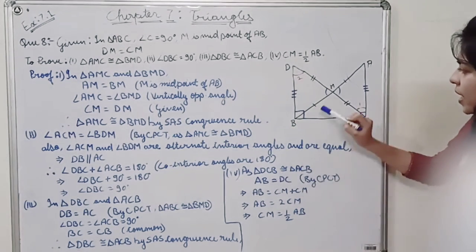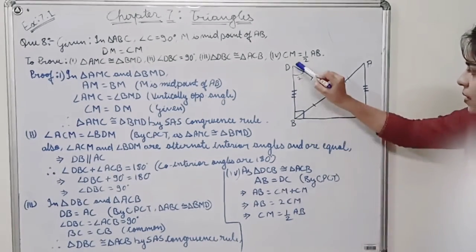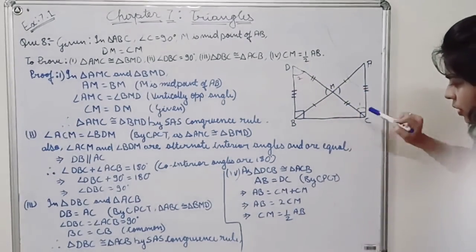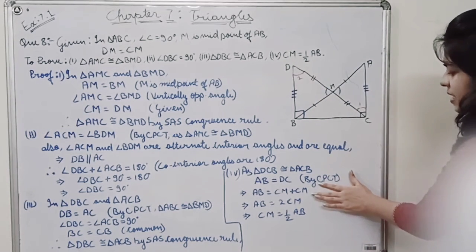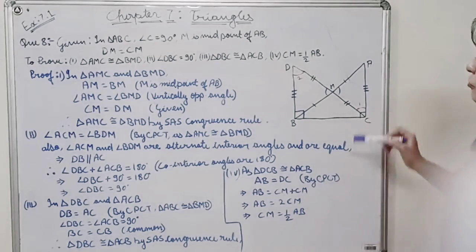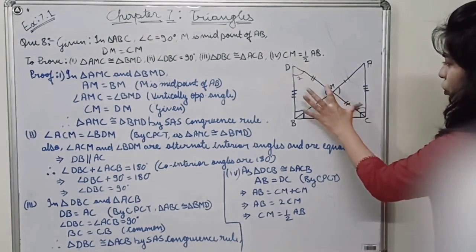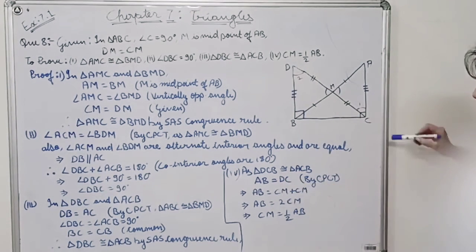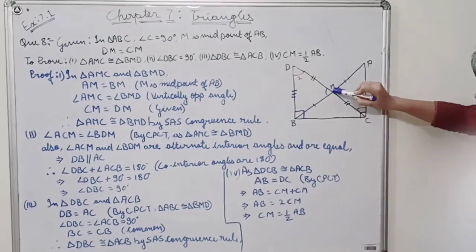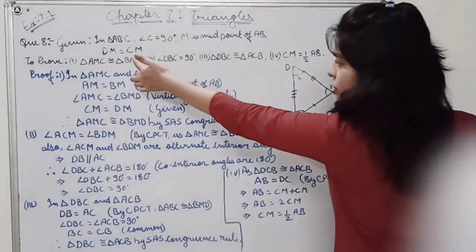So if triangle DBC and triangle ACB are congruent, then AB will be equal to DC by CPCT. And we know that CM was equal to DM. So DC can be written as CM plus DM.